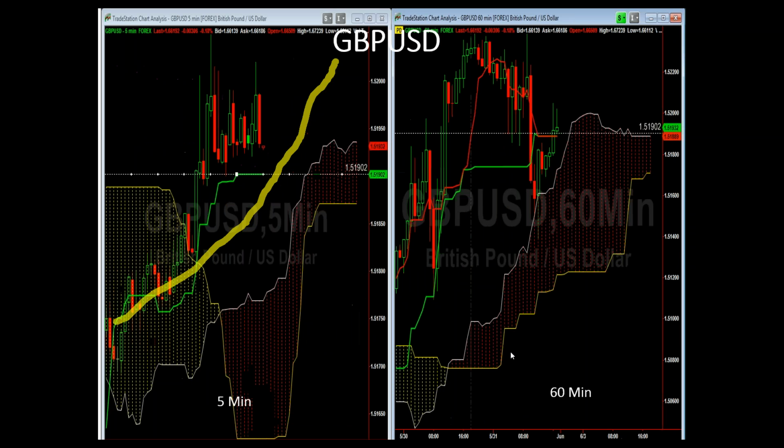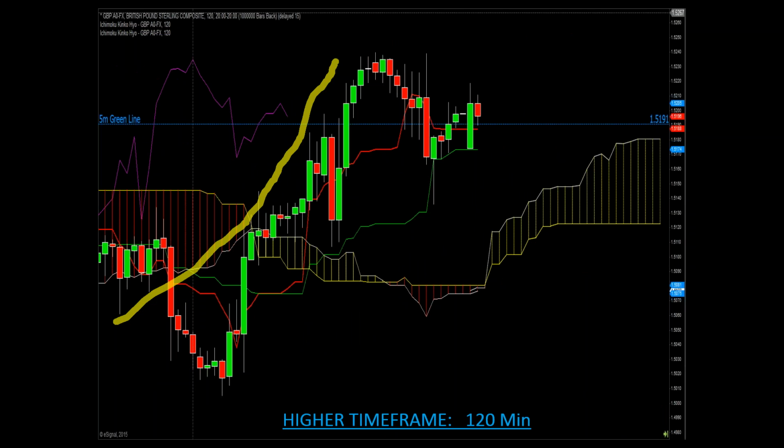Now what we're going to do is come over here and look. Over here on the 120-minute, you can see there's not much. This red line here is very, very close to it, but there's nothing here in the future and nothing in the past. Since we're dealing with currencies, they have a thing called a spread. The difference between the blue line and the red line is a spread, which is very close to being a match.